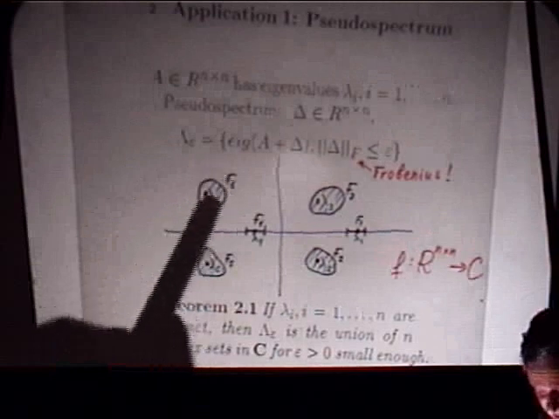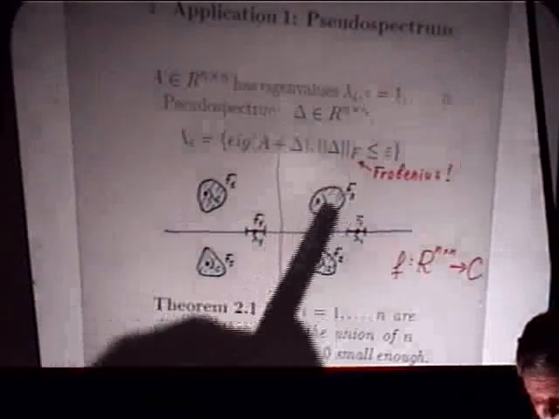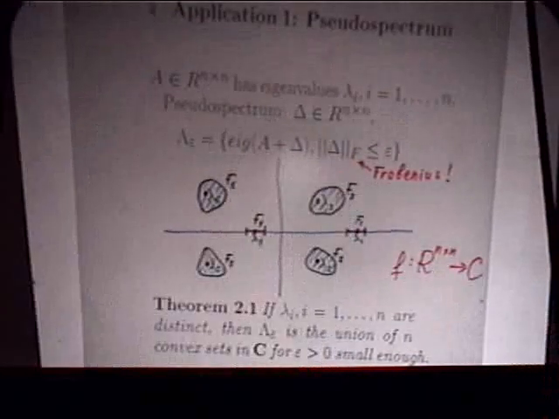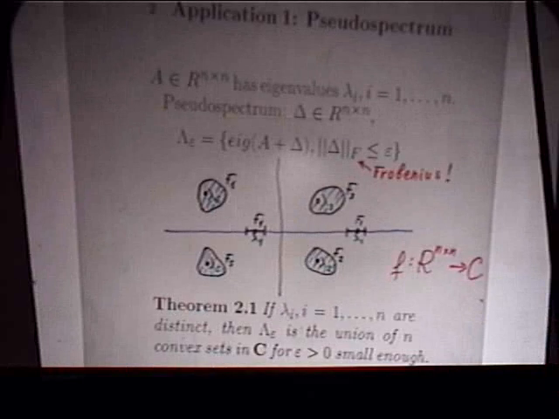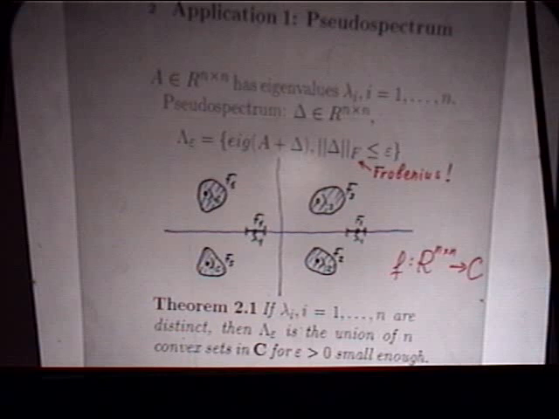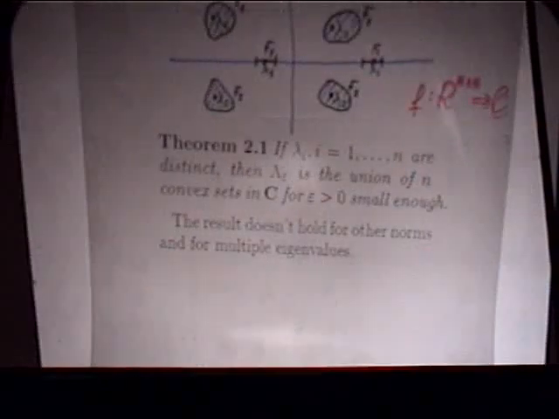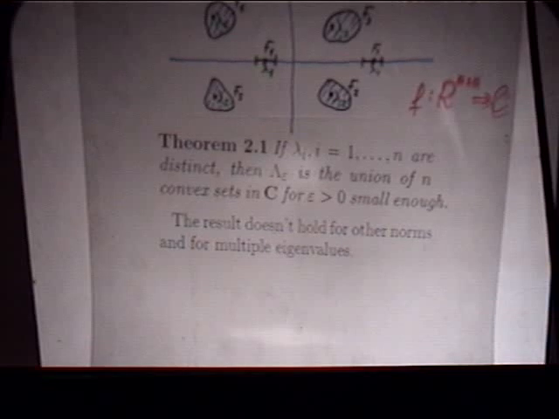But for complex eigenvalues, we have such clouds around each eigenvalue. The statement is that they are convex sets. And it's interesting that the result is not true for multiple eigenvalues. Okay, just a couple of words.